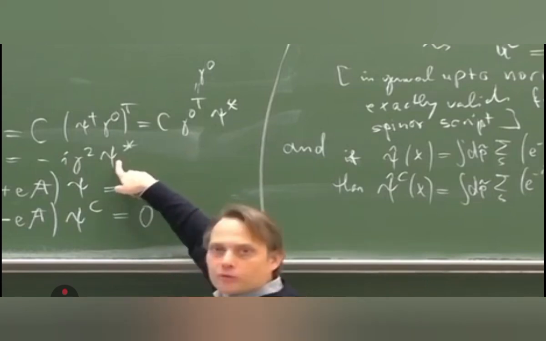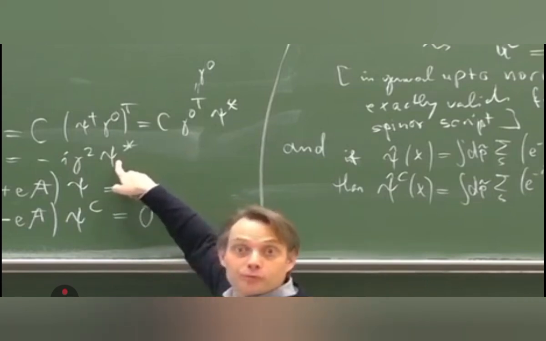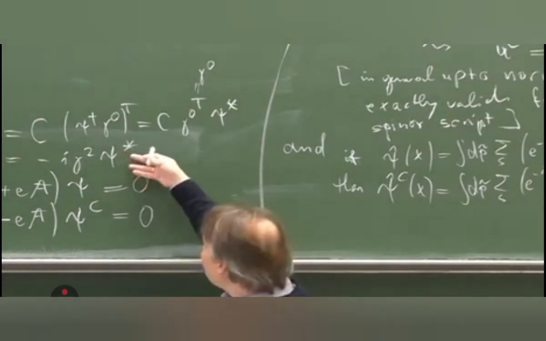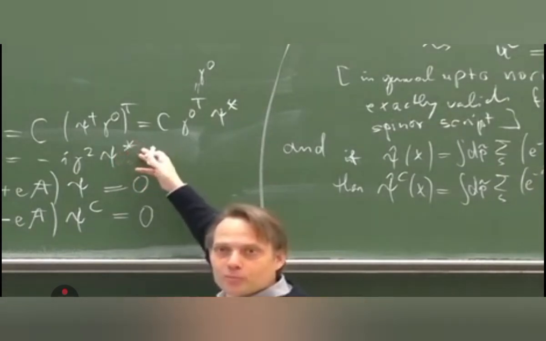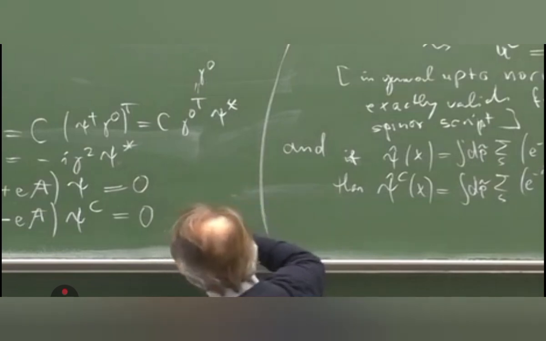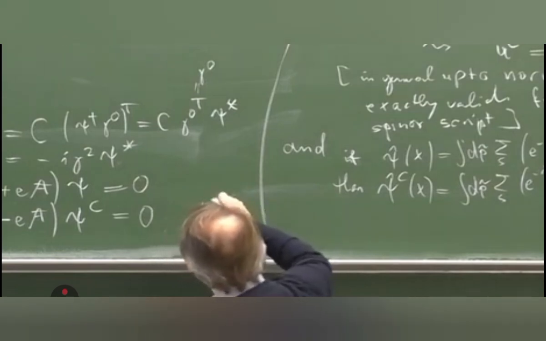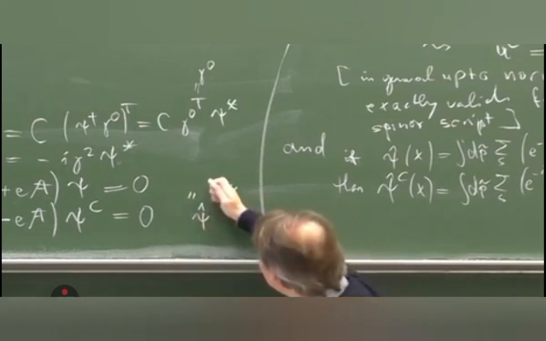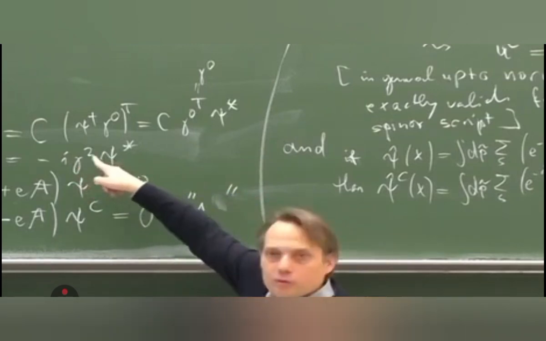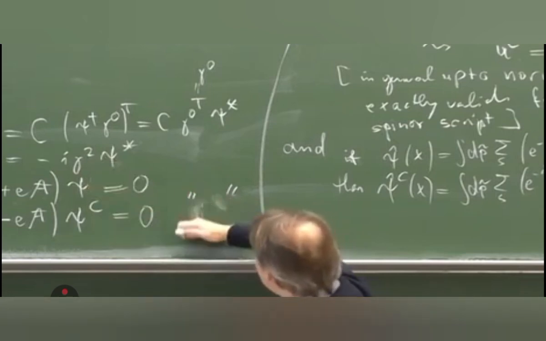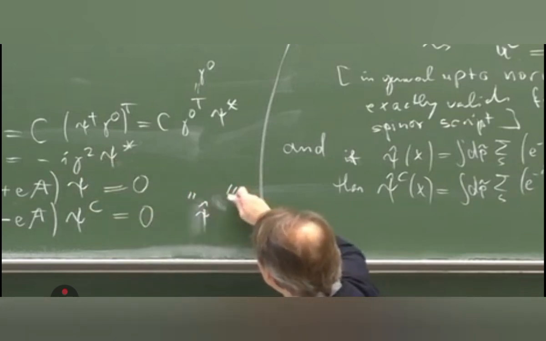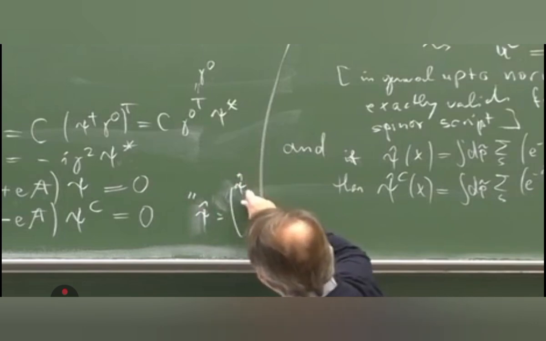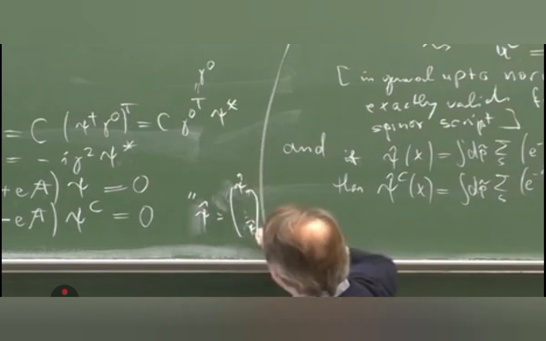On the level of numbers, psi star is clear what it means. You take the complex conjugate of each component because that is a 4-component object. But what does it mean to say psi hat star? That is not really a defined operation. But what I mean, if I interpret this on the quantum level, is that we have here our psi hat, which is a 4-component object. Psi hat first component up to psi hat fourth component.